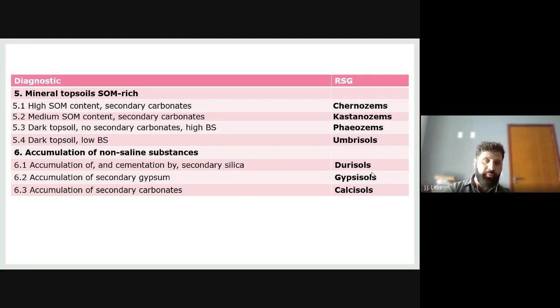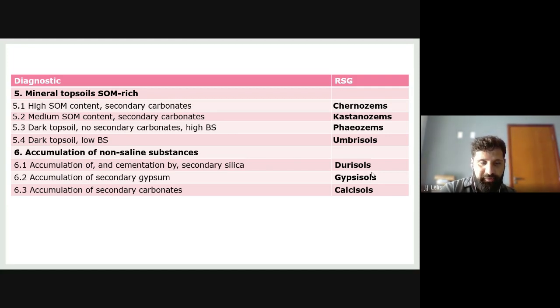We also have some soils that possess a lower soil organic carbon content in comparison with chernozems, and they also possess secondary carbonates. So they are the kastanozems, and these kastanozems are related to limestone and these calcium-rich parent materials, but to areas where the soil organic carbon production is not so high.